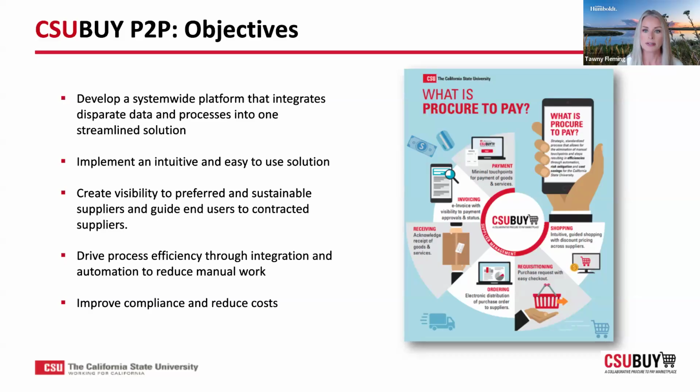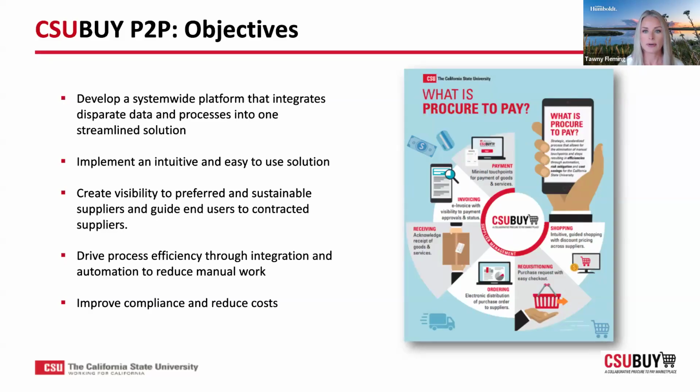What's important to understand is that P2P will replace many of the fragmented campus-specific tools and manual workflows currently in use. It consolidates supplier management, including self-supplier registration and a shared system-wide supplier database, requisition creation, purchase order issuance, receipts, and invoice processing, all into one cohesive system.